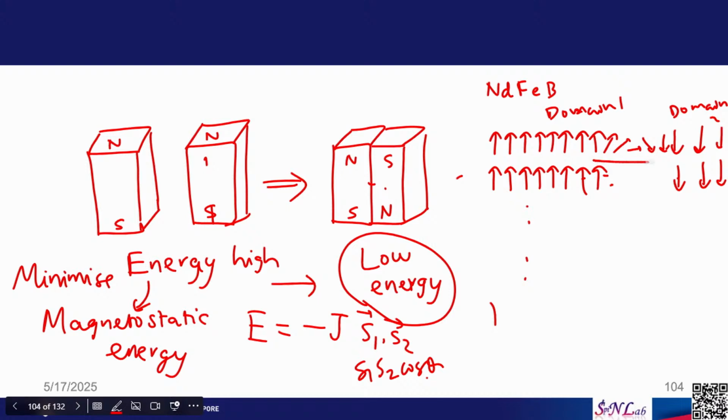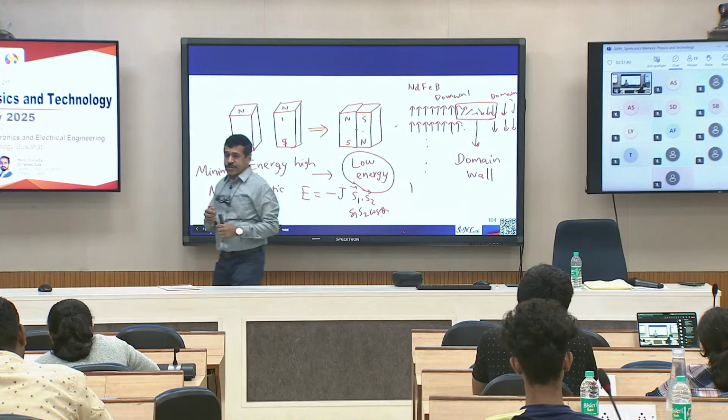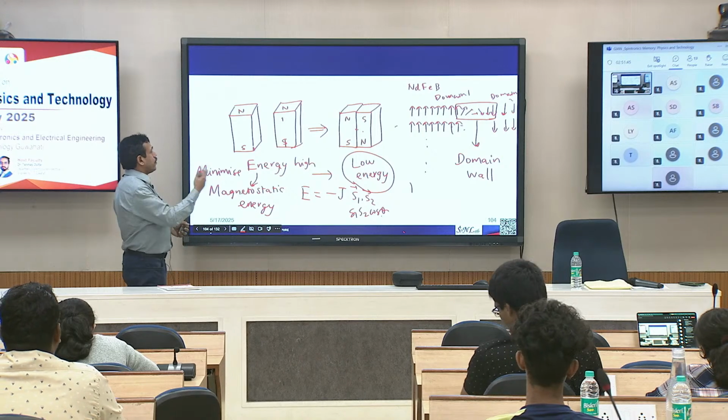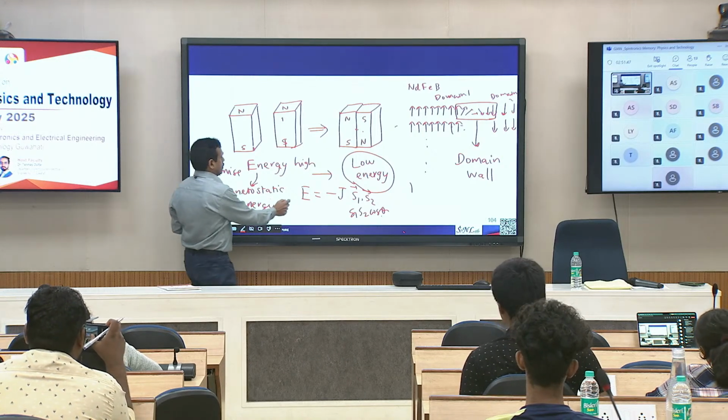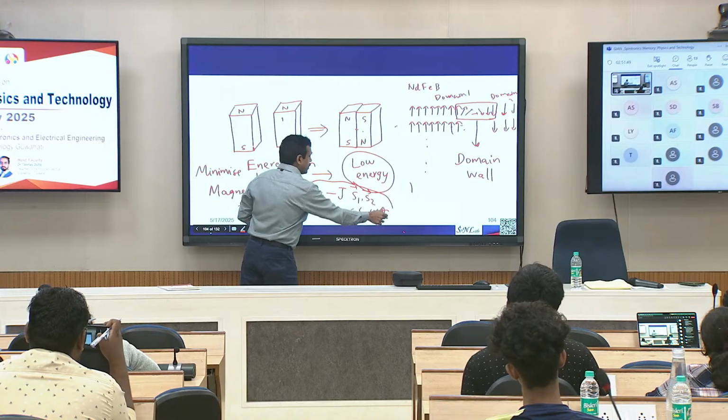So, this boundary or region where this transition happens is called a domain wall. We have 2 domains and a domain wall in between, and the domain wall ensures that we do not violate this.